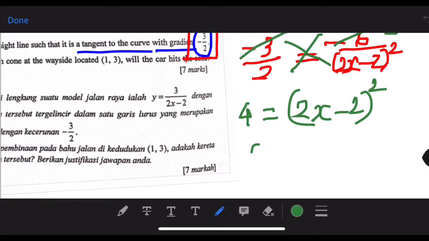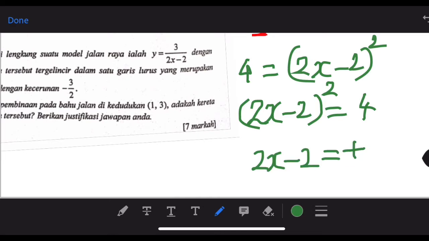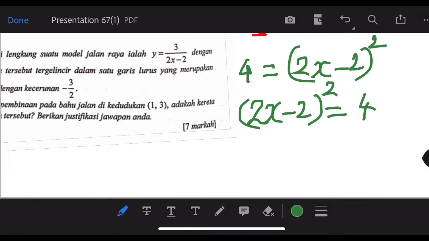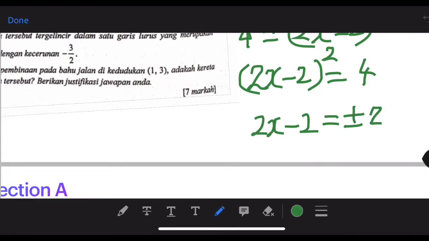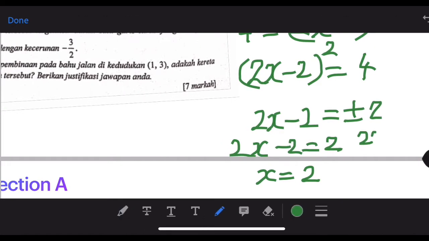So we actually don't expand. We see the square, we should be able to do it by square rooting. And then we will square root the 4. You should have 2 answers. So one is 2x minus 2 equal to 2, so your x is 4 divided by 2, which is 2. The other one will be 2x minus 2 equal to -2, so your x is 0.